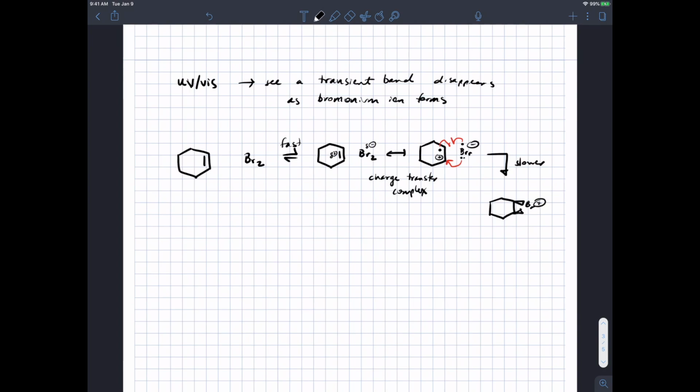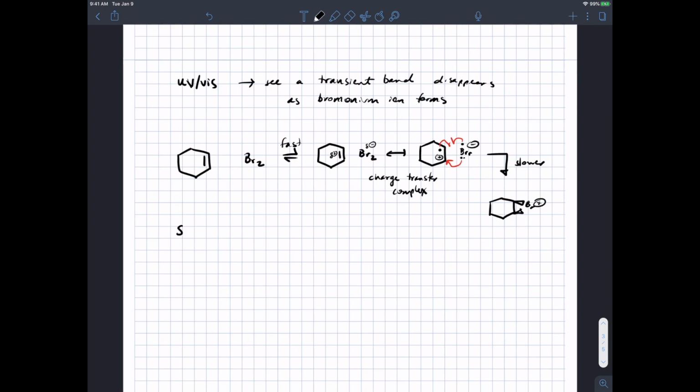It's possible that UV-vis is exciting this kind of thing. So it's possible this means that the charge transfer complex isn't what's occurring in the mechanism, though it's also possible that it is. And so that's a level of complexity that you probably didn't want to know about.